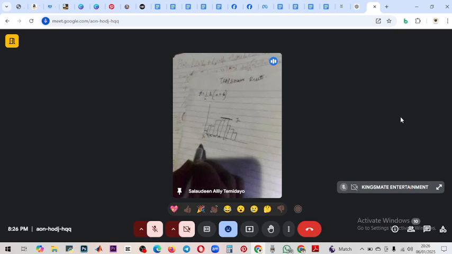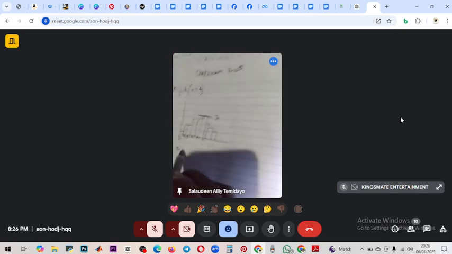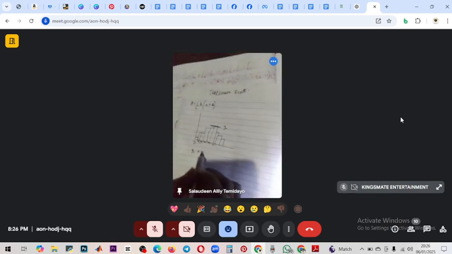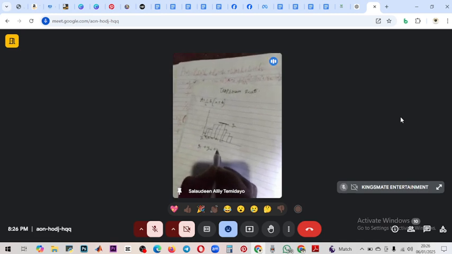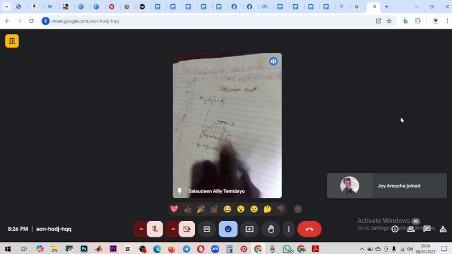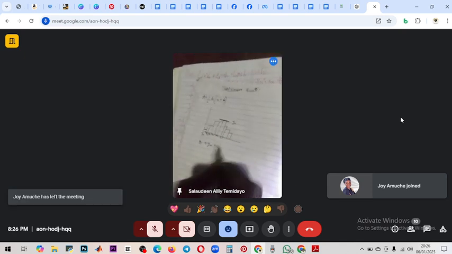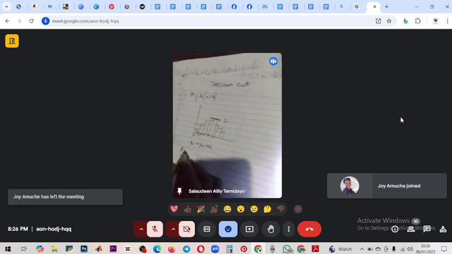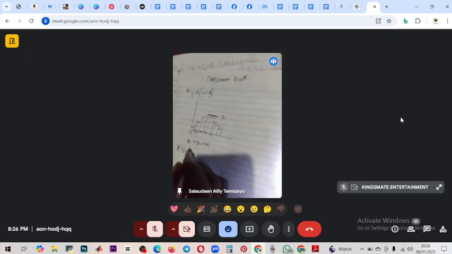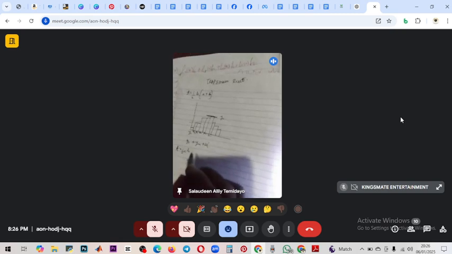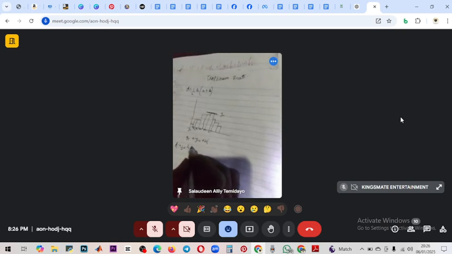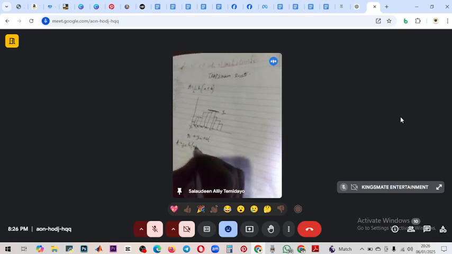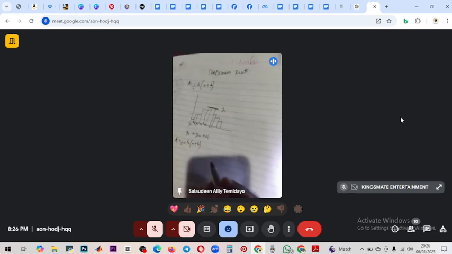Then I'm going to say y1 plus yn plus 2 times all other y's that are there. So I've given the formula that area is equal to 1/2 times this h, which is going to be the width, open bracket, a plus b.